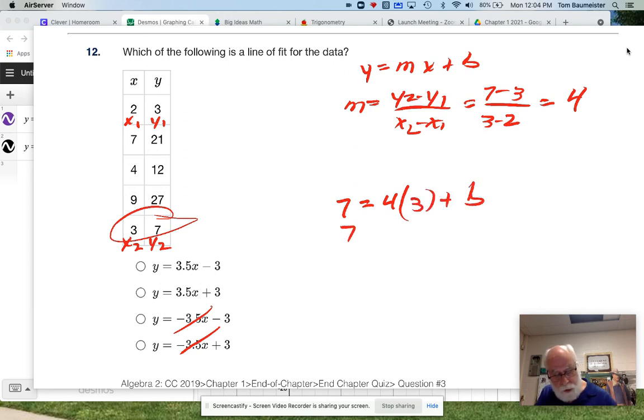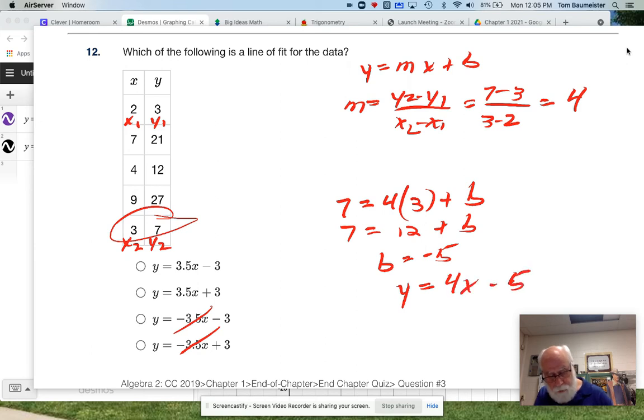So I'll have 7 is equal to 12 plus b. And this is one of the reasons why a line of best fit is at best a good approximation. But if I subtract the 12, I'll get that b is equal to negative 5. So on the one I just did, I get y is equal to 4x minus 5.